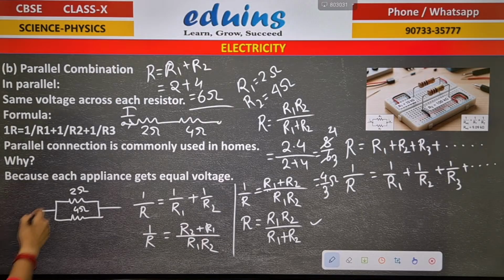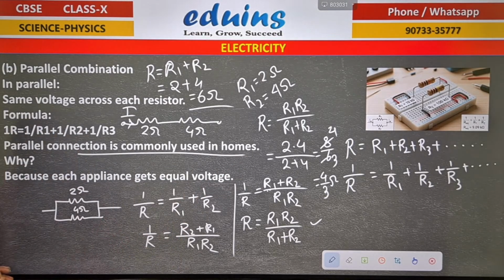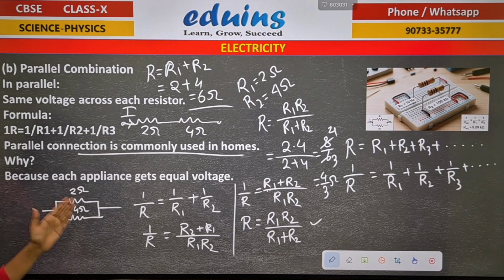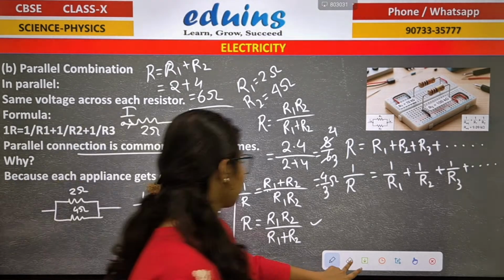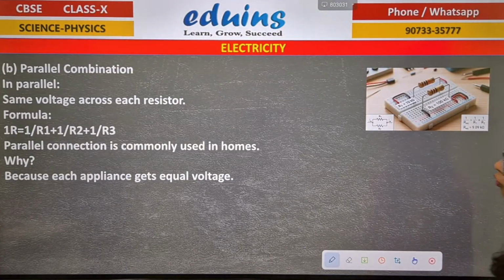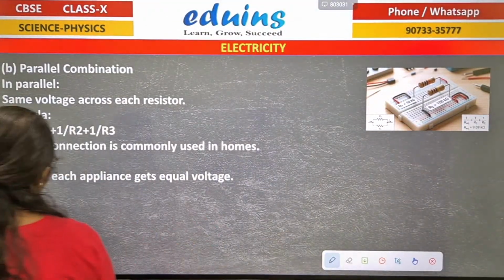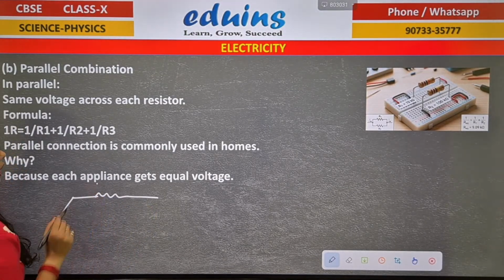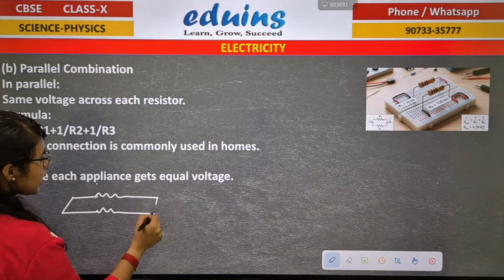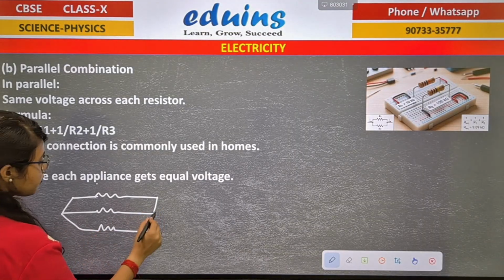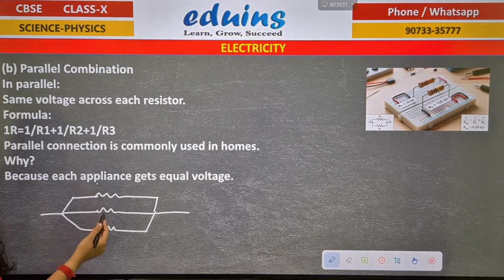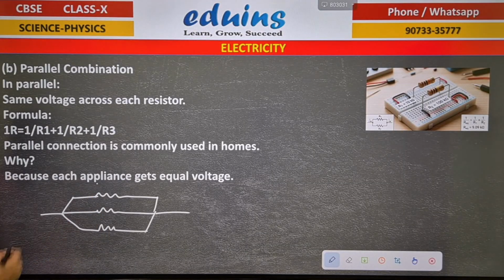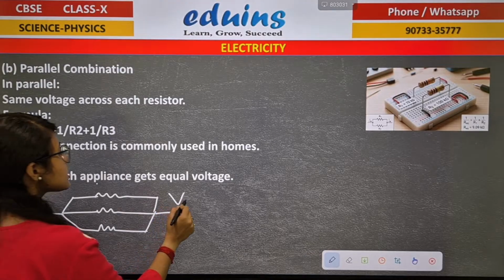Parallel connection is commonly used in homes. Why is it commonly used in homes? Because each appliance gets equal voltage. So when we use it in homes, we use the parallel combination. For example, there is a bulb, a fan, and an AC. All three appliances must share the same voltage difference.